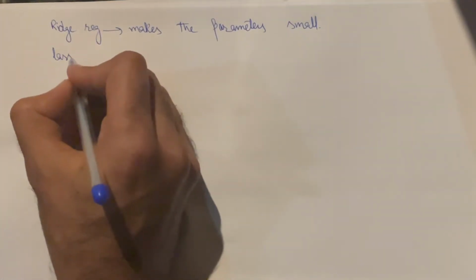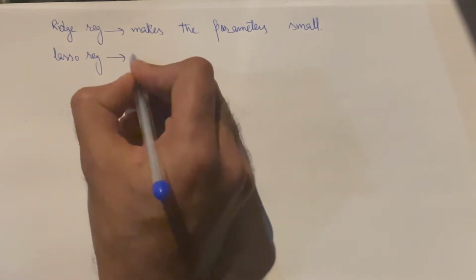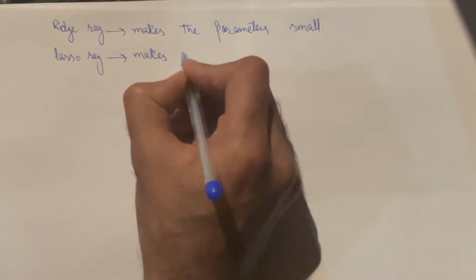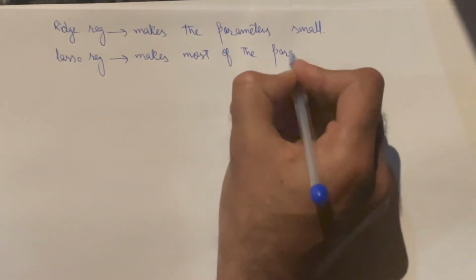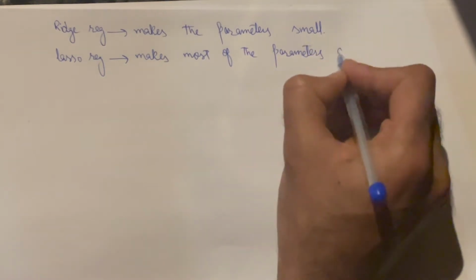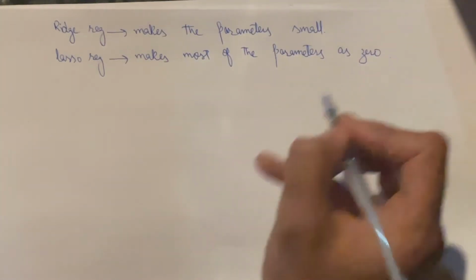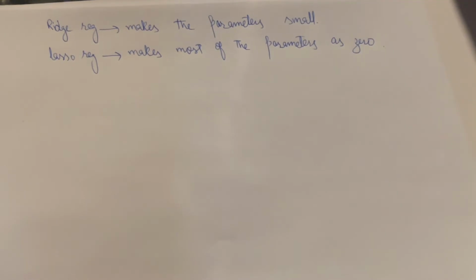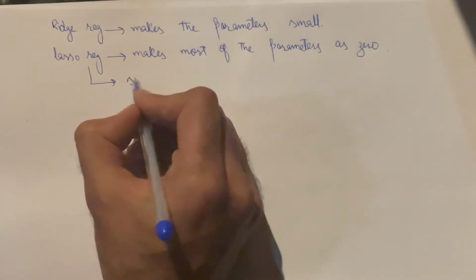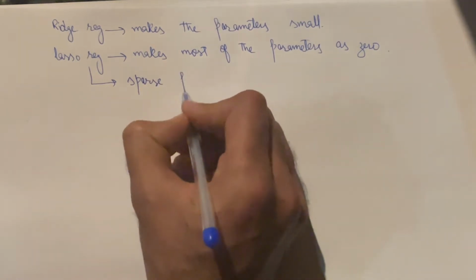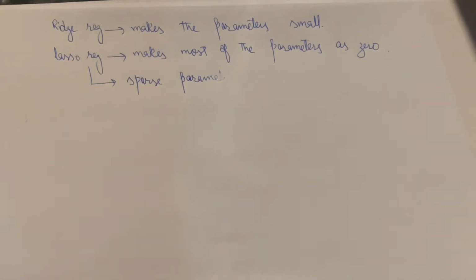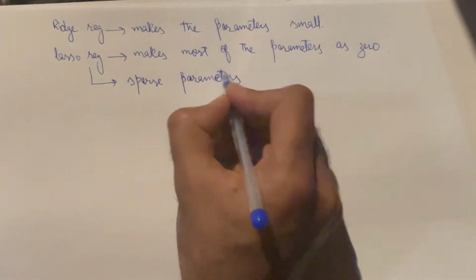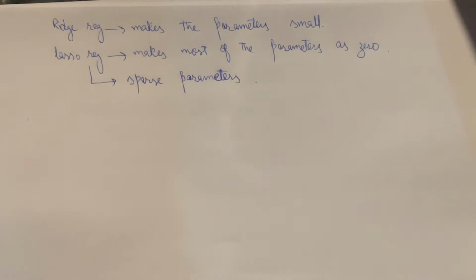And lasso regularization makes most of the parameters 0. That means this regularization gives us sparse parameters. Sparse parameters means the matrix of parameters where most of the parameters are 0. That is the main difference between ridge regularization and lasso regularization.